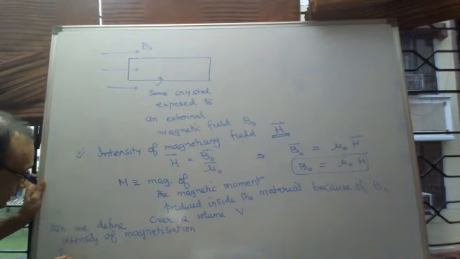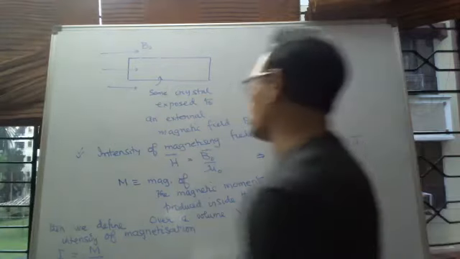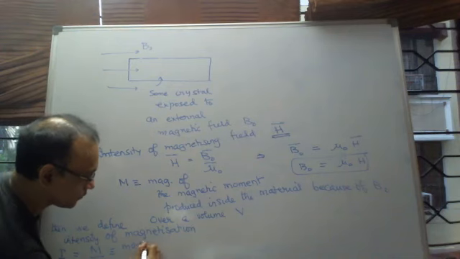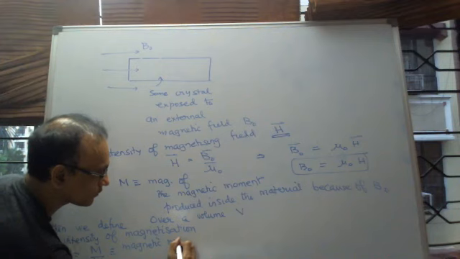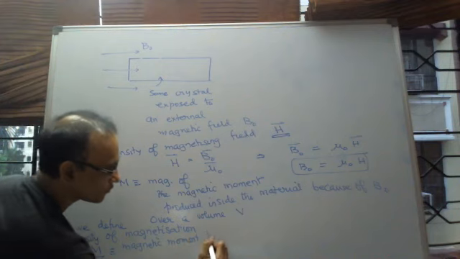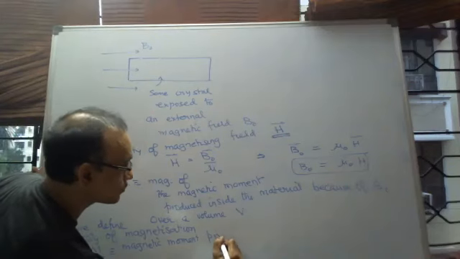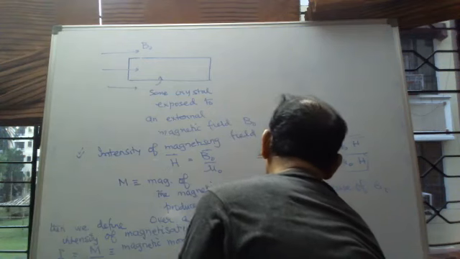I as the magnetic moment produced per unit volume. V is the volume of this material. Per unit volume.